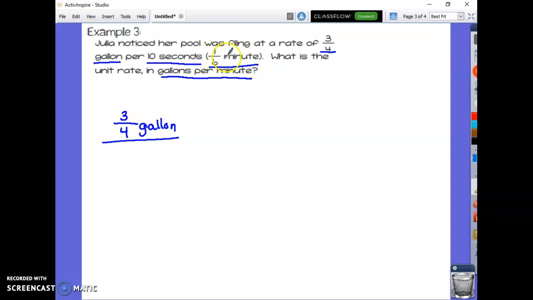And the reason we're using minutes is because we want our answer to be in minutes. If they had asked for seconds, we would have gone with seconds. But let's go with the minutes. 1/6 of a minute, right? So just like we did in example 1, we got our denominator to equal 1. We're doing the same exact thing over here. Well, how would we make our denominator a 1?